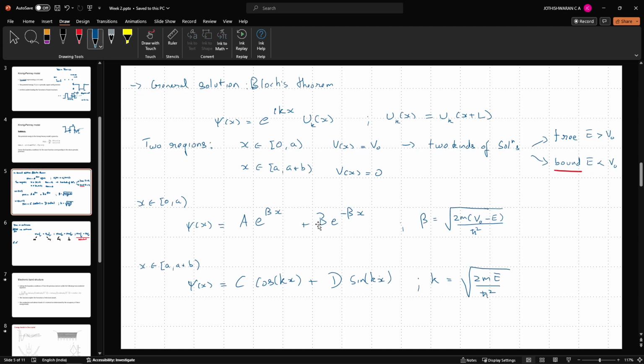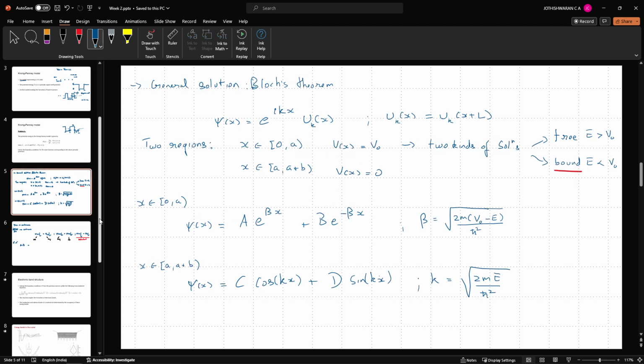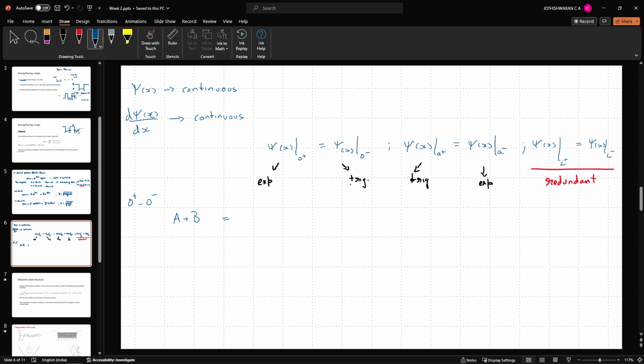So if I substitute x equal to 0, the exponential terms will become 1. So a plus b is equal to, it is a trigonometric function here, which is c cos kx plus d sin kx. Again, setting x to 0 will get rid of my sine term. Only the cos term will be there, and even that will be equal to 1. So the first boundary condition that we have for this equation in the form that I have presented is a plus b is equal to c.